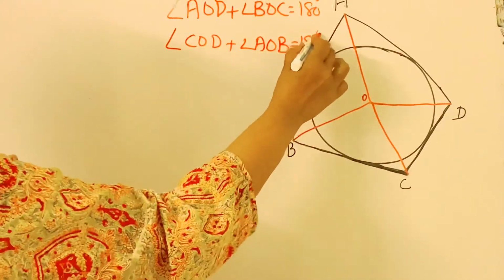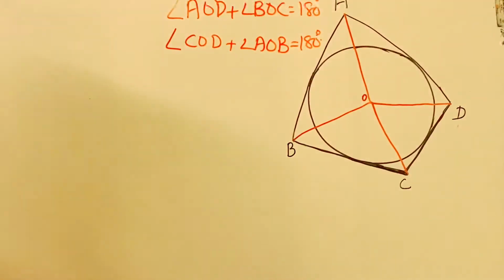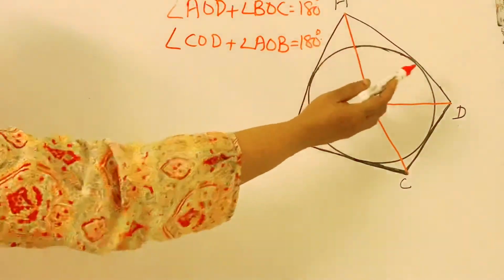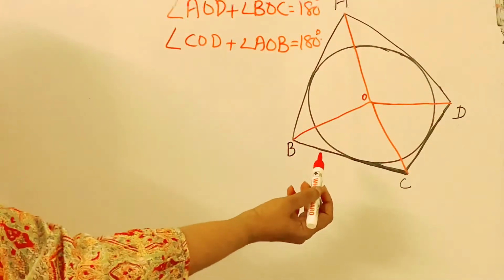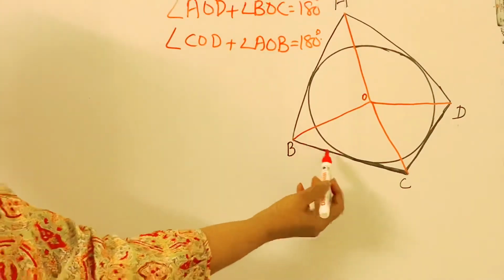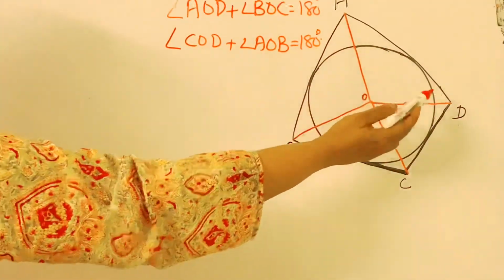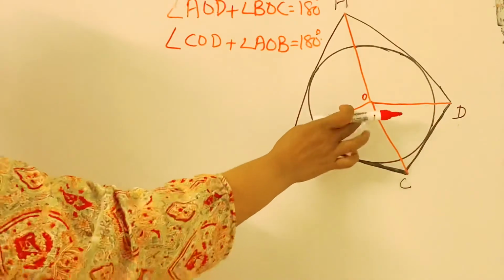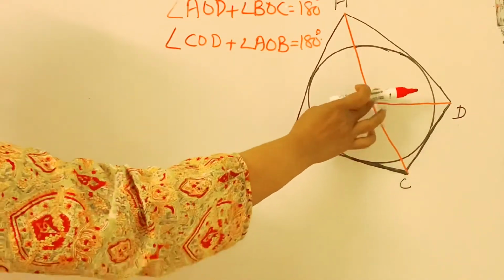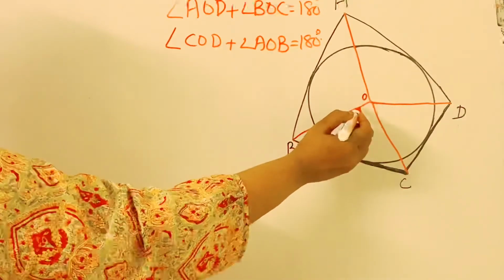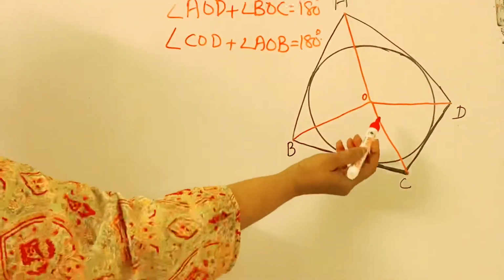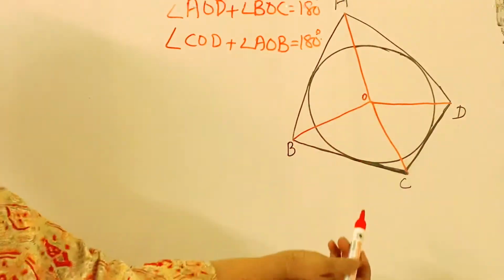This we want to prove in this figure. Opposite sides of the quadrilateral subtend supplementary angles at the center of the circle, right, about the opposite sides BC and AD. Subtend means making supplementary angles at the center of the circle. That means this angle plus this angle is 180 and this angle plus this angle is 180.